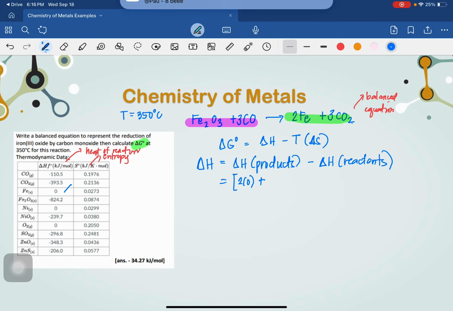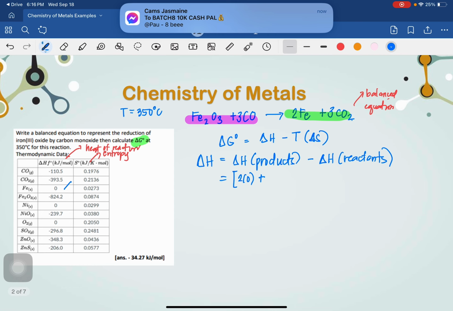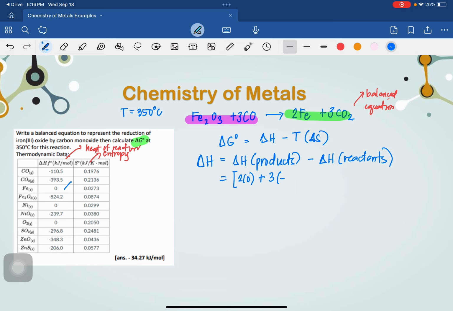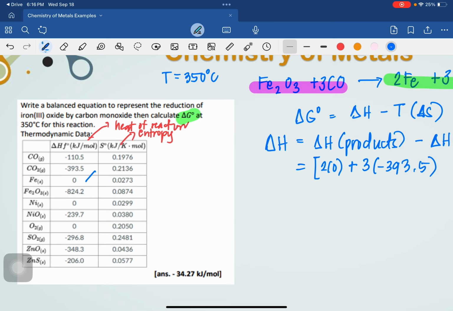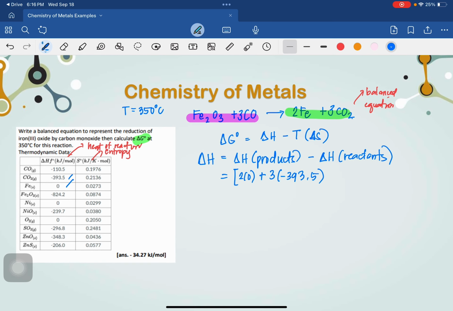Plus, of course, we have to add 3 times something for carbon dioxide. That would be negative 393.5. Let's check that. Carbon dioxide, there you go, it's 393.5. And then we get the values of H for the reactant.